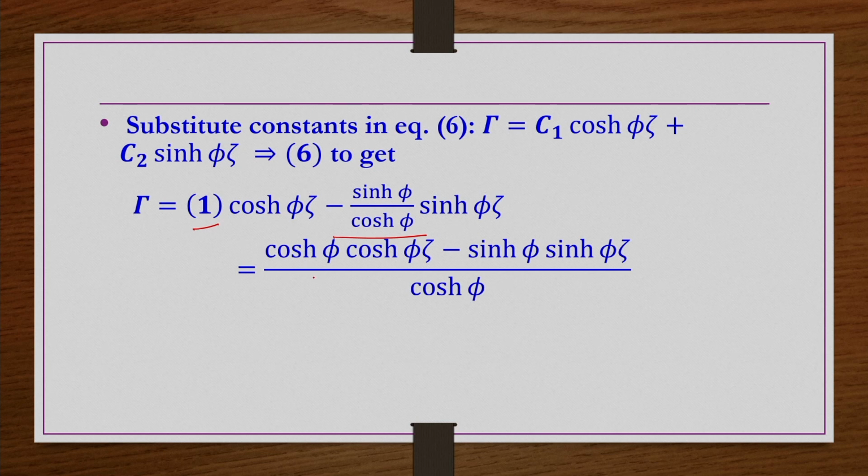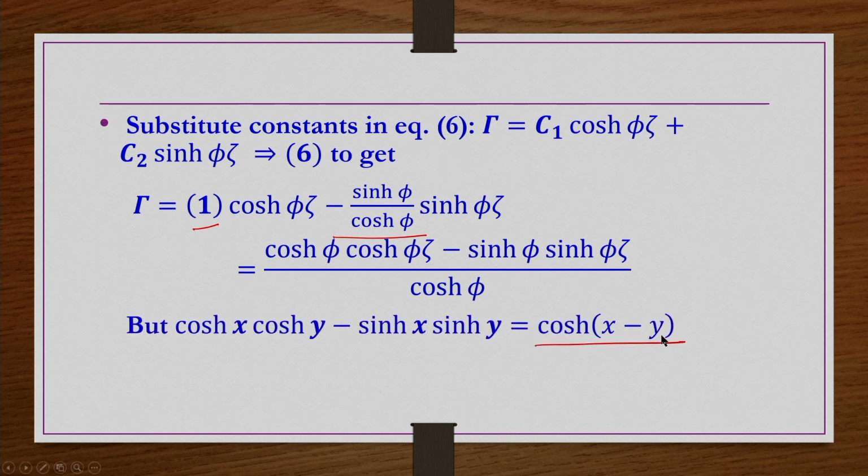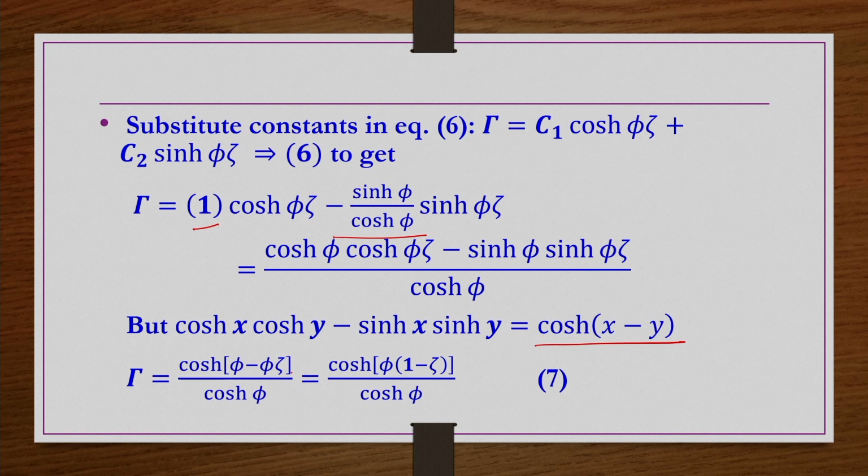So, now this is cos hyperbolic of x cos hyperbolic of y minus sin hyperbolic of x sin hyperbolic of y, which is nothing but cos hyperbolic of x minus y form, right. That means, you get gamma is equal to cos hyperbolic of phi minus phi zeta divided by cos hyperbolic phi as it is. So, that is cos hyperbolic of phi times 1 minus zeta by cos hyperbolic of phi, which is the concentration profile in non-dimensional form, right.